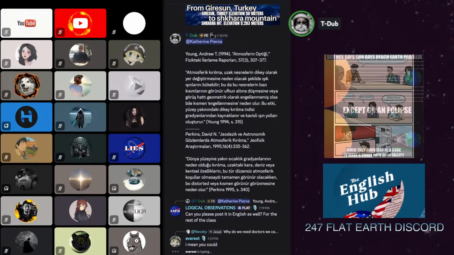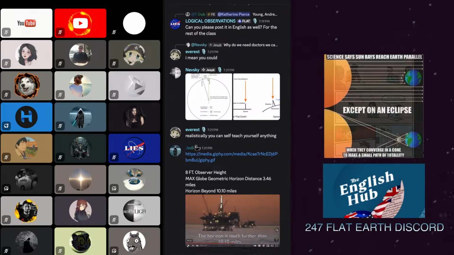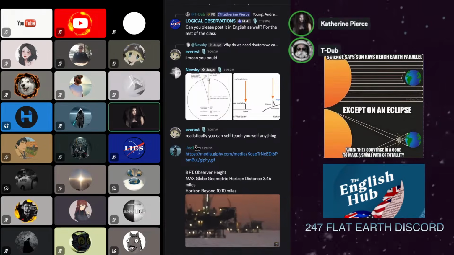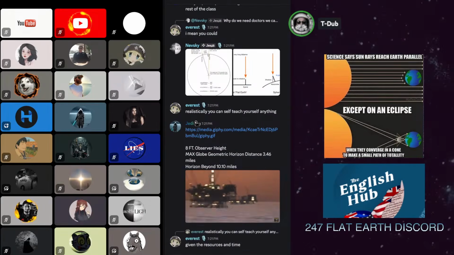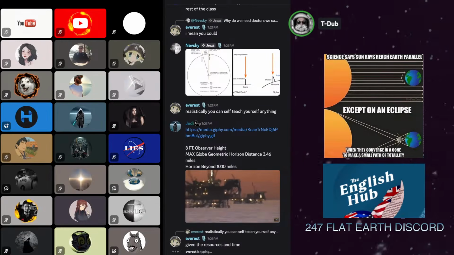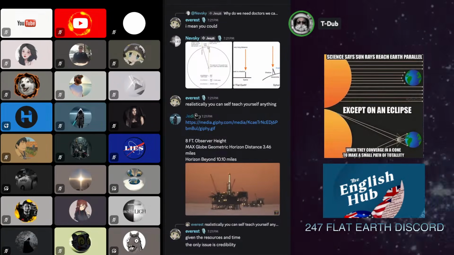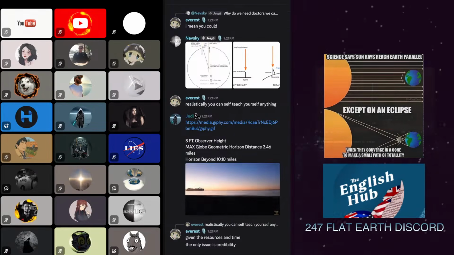Well, if it does, she's throwing out looming refraction. What happened to looming? Because we would show you an observation where something is visible beyond the physical geometric curvature of the Earth, and there's no horizon there where it should be.